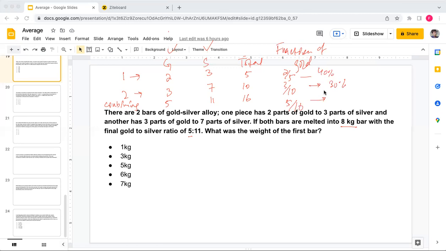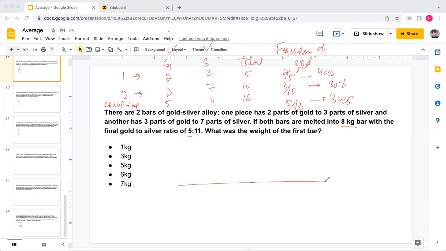And what is 5/16 in percent? 30 something, around 31.25%. Okay.